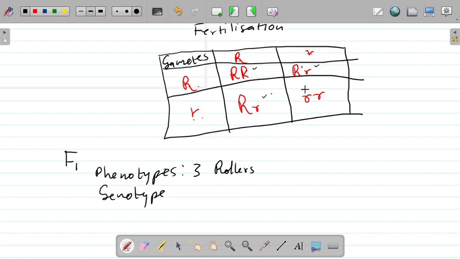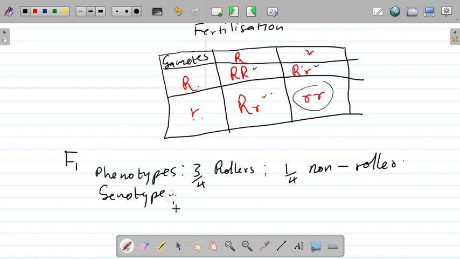And then only 1, this one, is a non-roller. So if we are representing this in terms of fractions, 3 of them are rollers out of 4. These are the proportions. 1 out of 4, a quarter of them, are non-rollers.